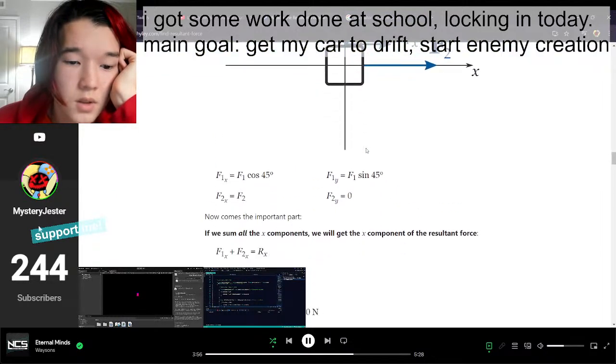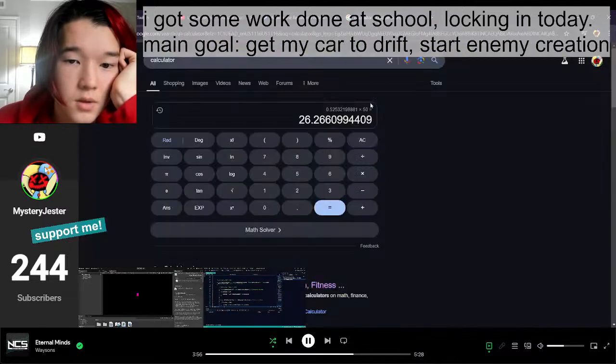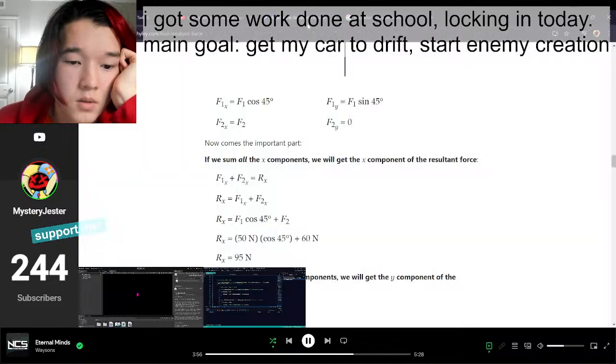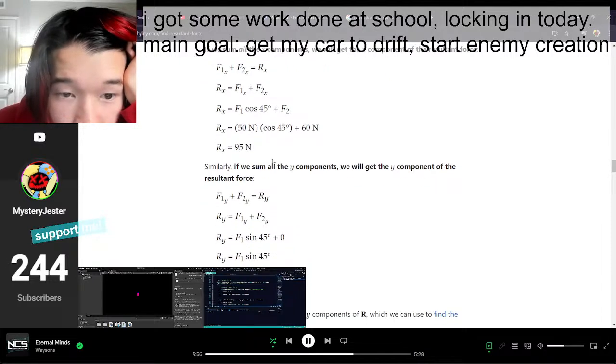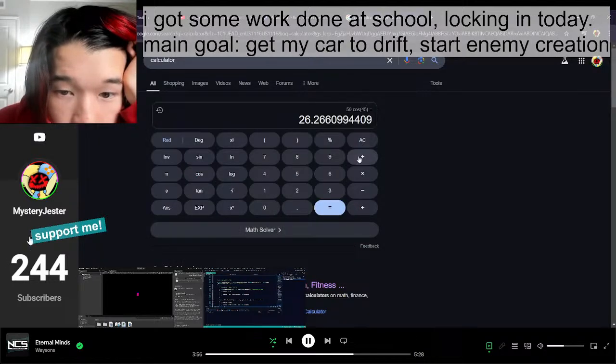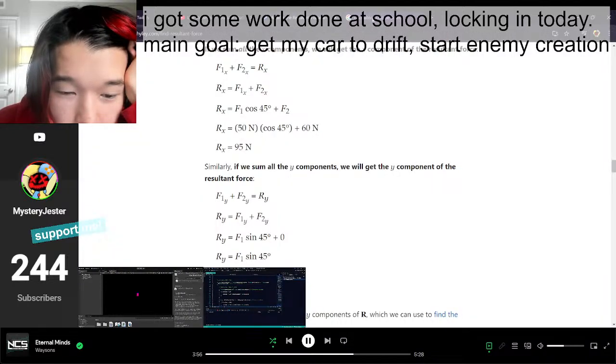F sub 1 sub x plus F1 cosine 45, right? 50 cosine 45. Am I going crazy? That doesn't equal 95 newtons. That's 86.2 something newtons, not 95.